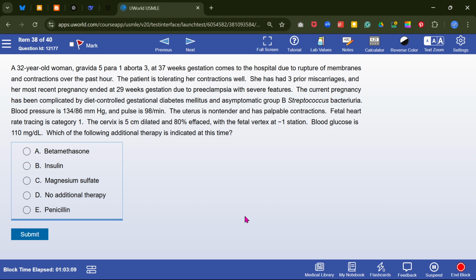And then 34 to 37 weeks, antenatal corticosteroid and penicillin. Am I right?